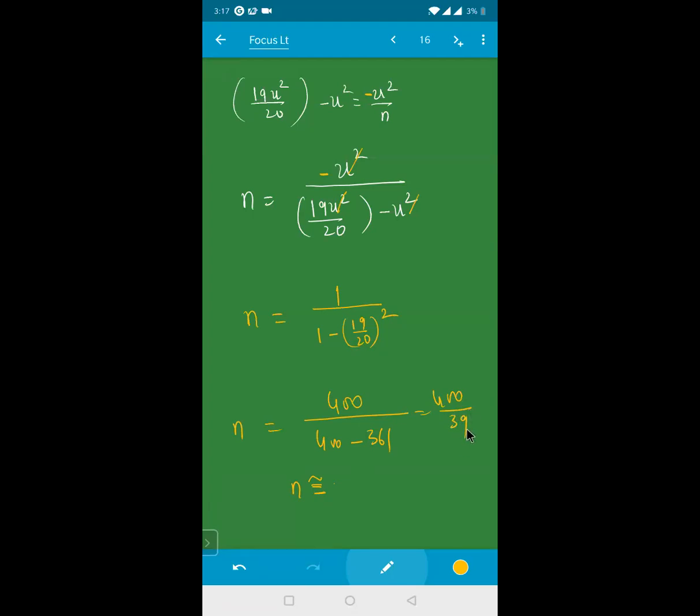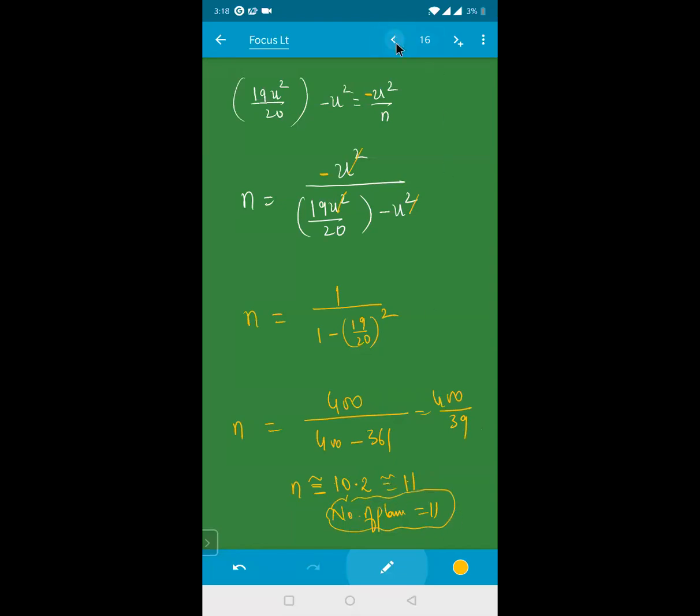Otherwise 400 by 39, see how much it comes. 10.2, sir. 10.2 is coming. That means 10.2, crossing 10, it is entering into the 11th plank, because 10 has been crossed, so it will be the 11th. So the number of planks must be equal to 11.